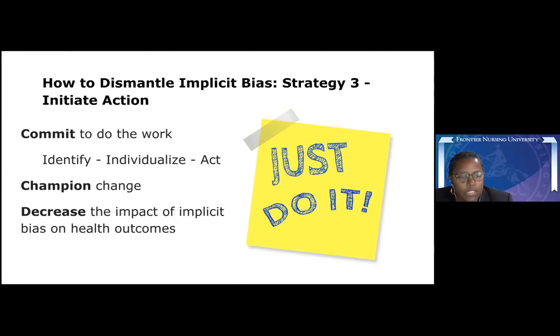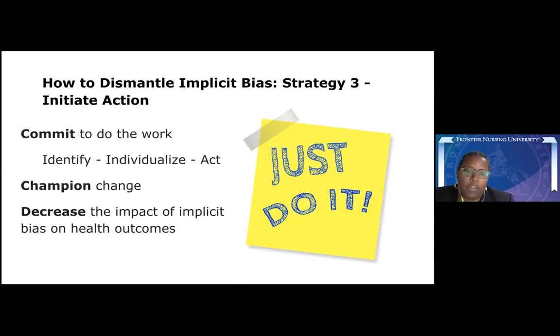It can be said that the work is an individual work, and it is. Each of us has our own individual work to do, but it does need to spread from our own individual work to others. So we need to champion that thought as well. And then we need to decrease the impact of implicit bias by implementing all of the above mentioned actions.